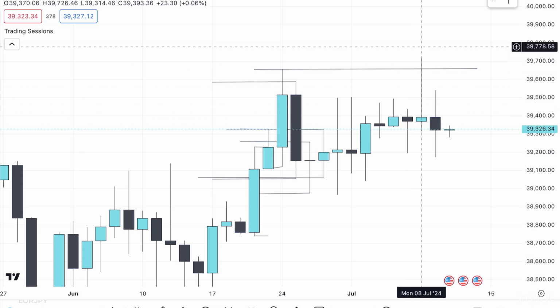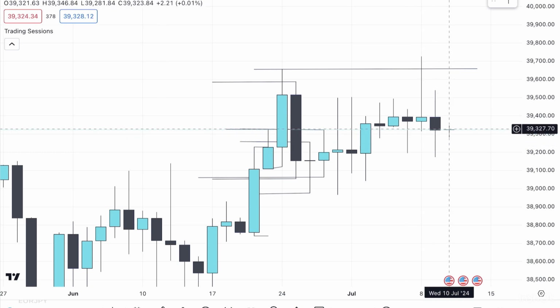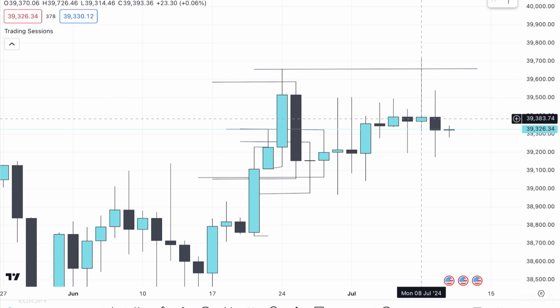It pushed up, then pushed down and closed at this level. Then the following day, the market opened, it pushed up first before pushing down. Wait, it was yesterday. Sorry, yesterday the market opened here, it pushed down before pushing up and closed at this place. Now we have this doji-like candle which has just formed.